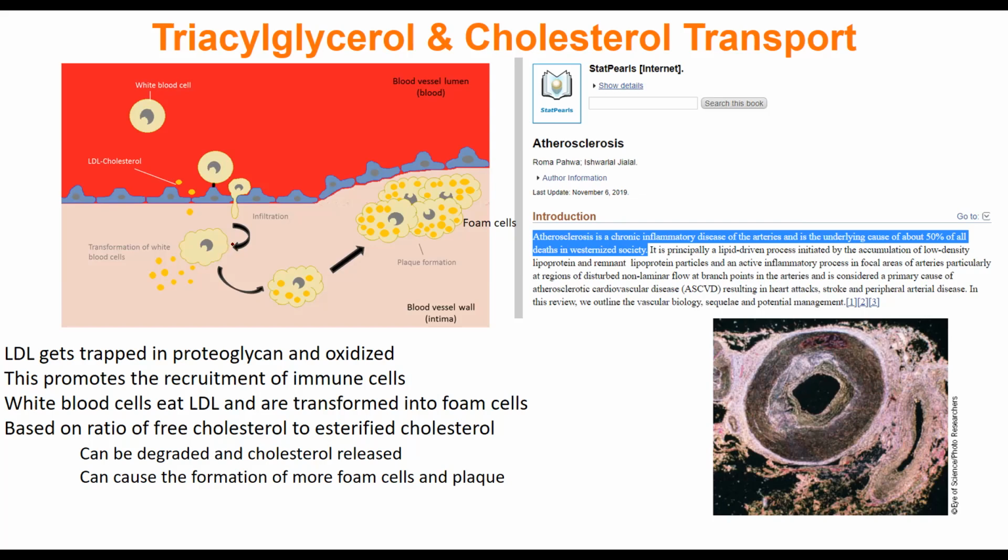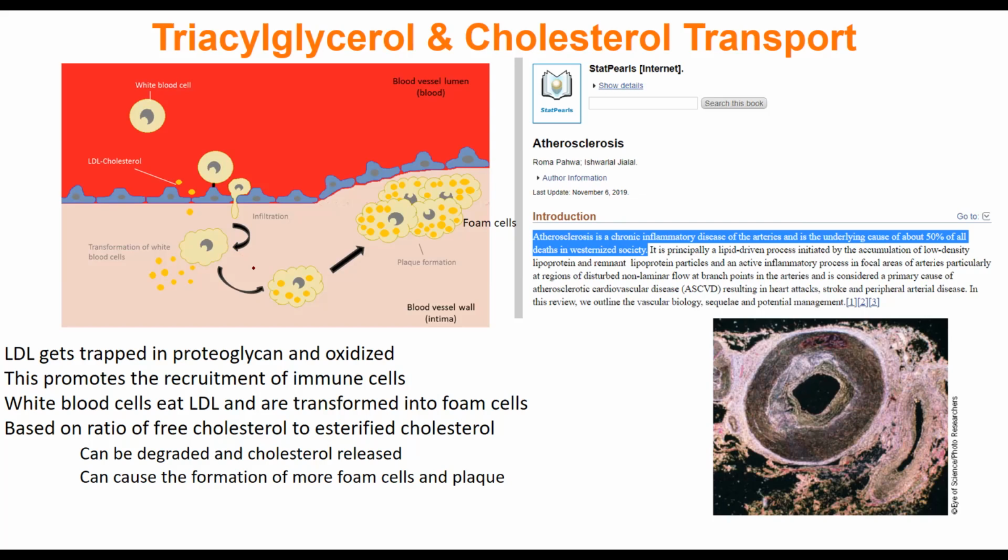And white blood cells are not designed to really metabolize all that cholesterol and fatty acid. So what happens is they become what are called foam cells.